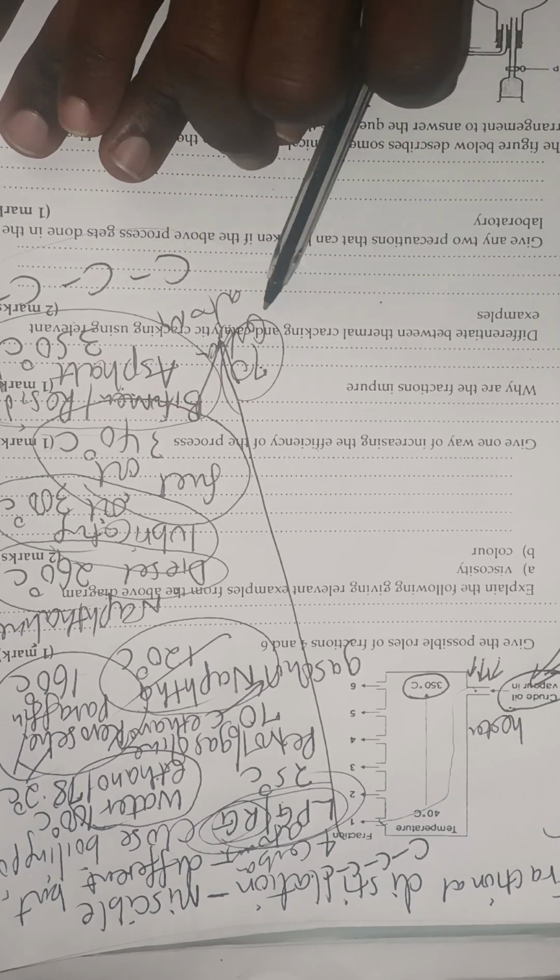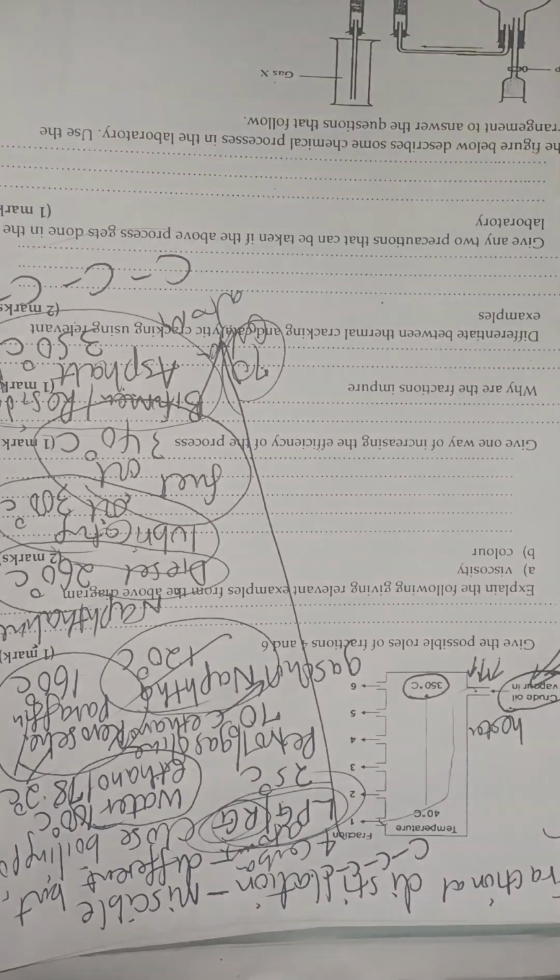Differentiate between thermocracking and catalytic cracking. Thermocracking is the breaking down, the decomposition, of a particular substance or hydrocarbon, for example an alkane, into smaller fractions, such that temperature is used.